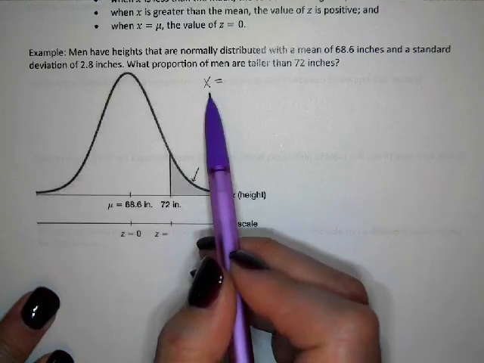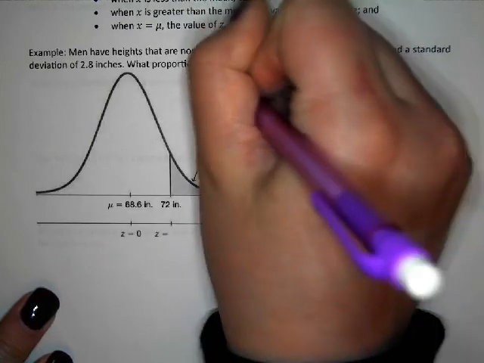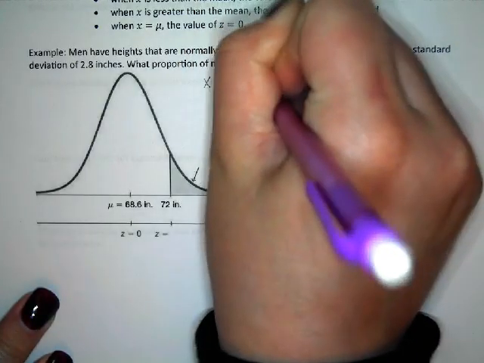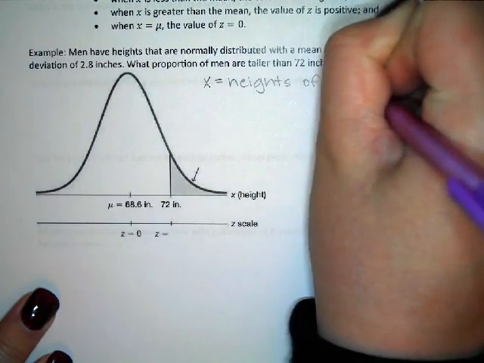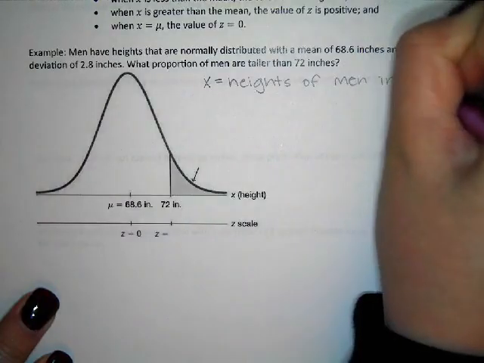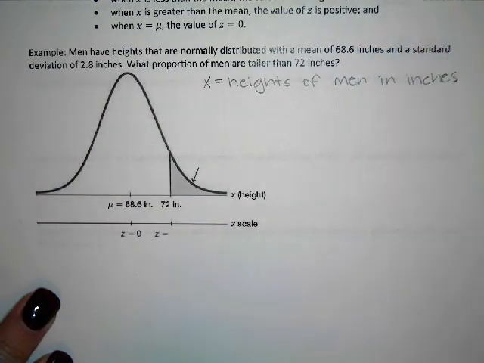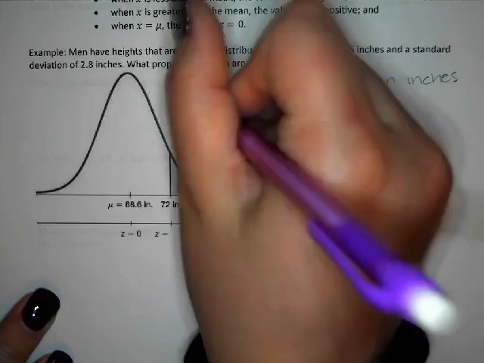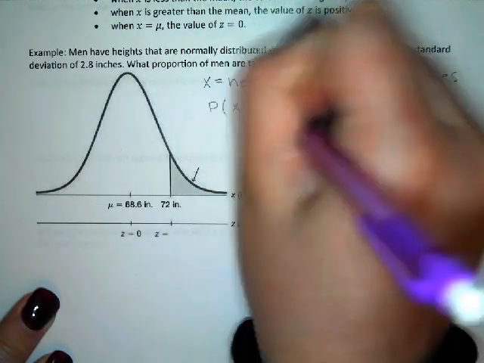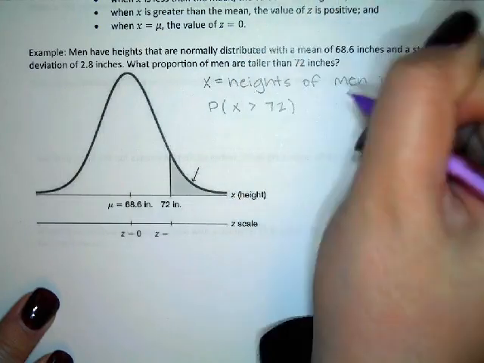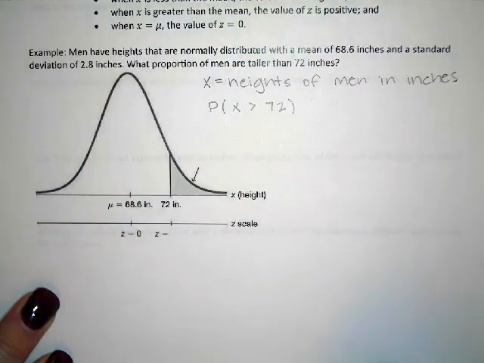So the x here represents the heights of men in inches. And so what the problem is asking us to find is we want the probability that the height is greater than 72.